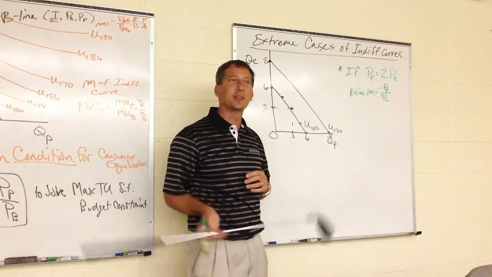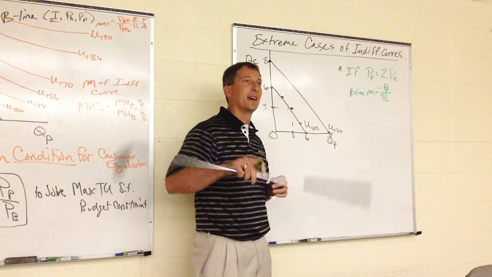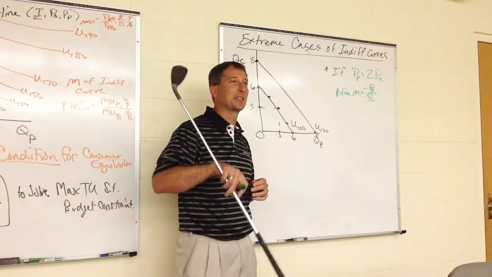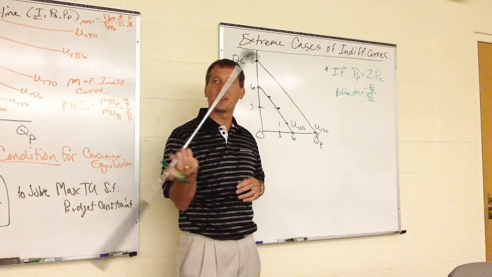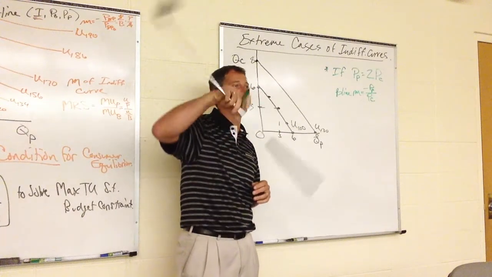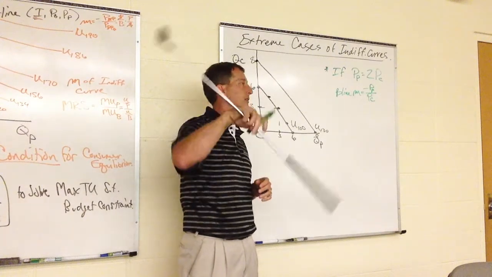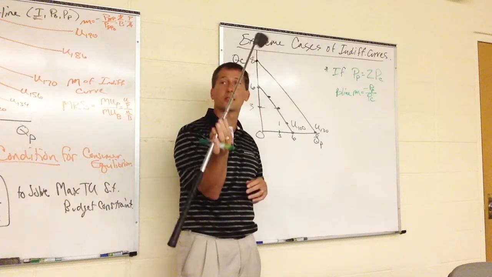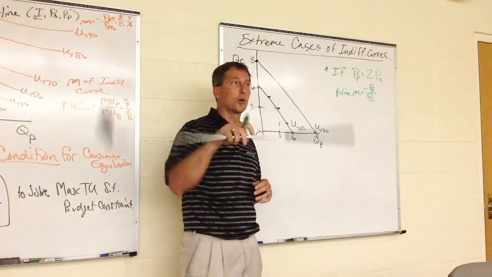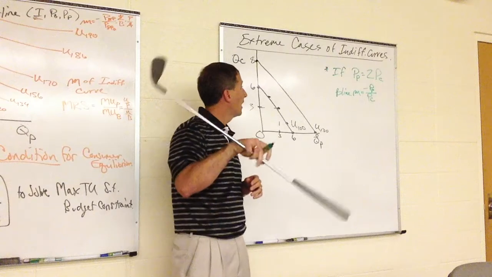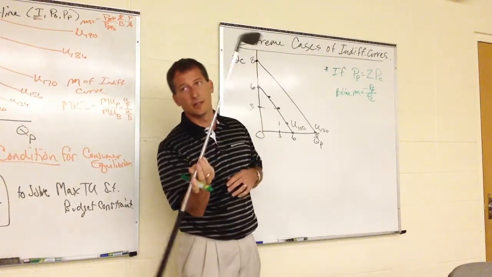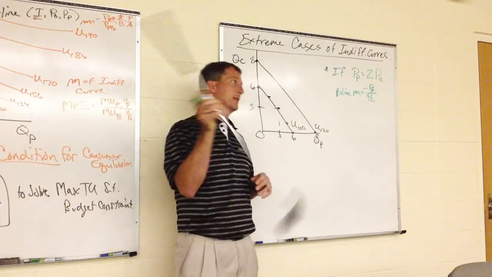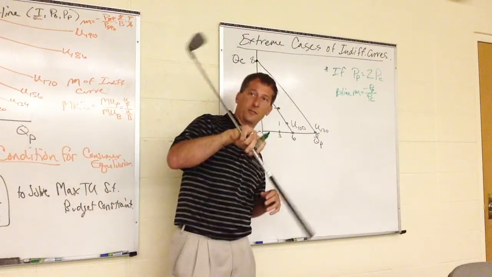Sometimes we need to just put real numbers in. I kind of gave you an equation, which was kind of unusual. It just kind of came to mind. I thought it'd be fun since we're having so much fun this morning with equations and stuff. But let's put real dollars in there. If Pepsi's twice as expensive as Coke, so Coke is $5, Pepsi is $10.